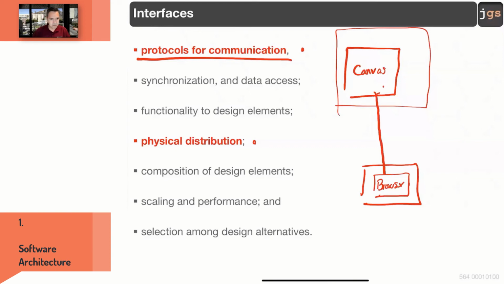But this connection implies a lot of things. I mean, this idea of, yeah, we're going to use internet to access Canvas. That is a pretty simple explanation of what, as software engineers, we need to do in order to complete Canvas and provide access to the students. And hopefully you know about it, but it's something that we're going to review. Two key ideas: protocols of communication, I am talking about network protocols.